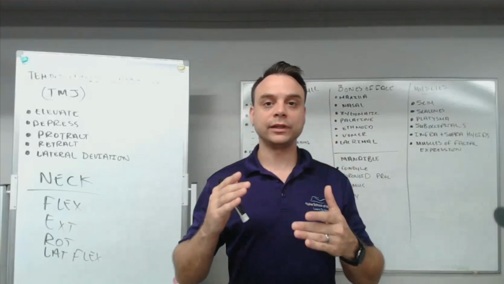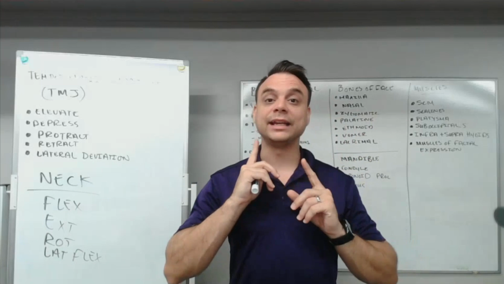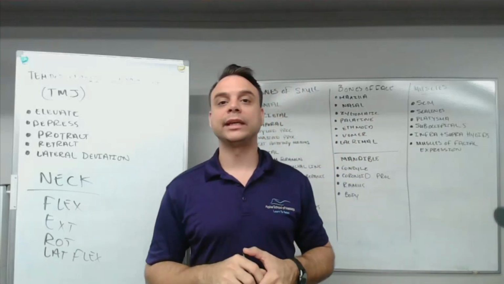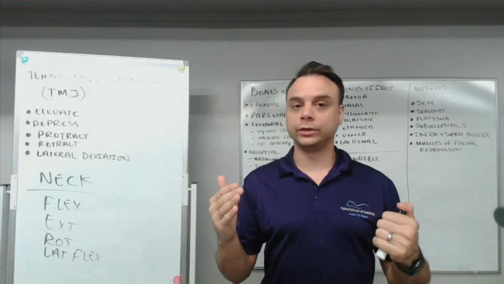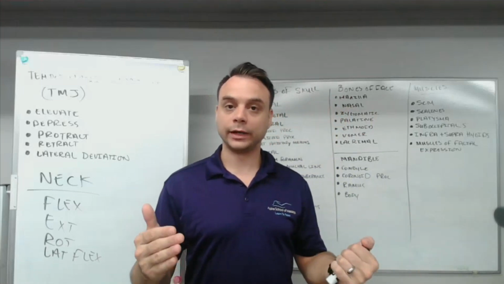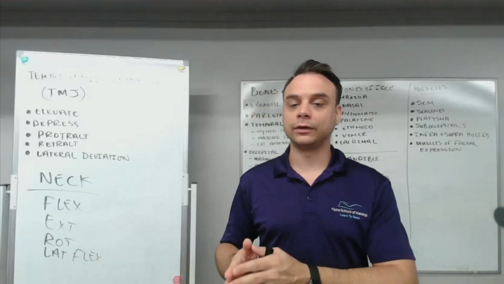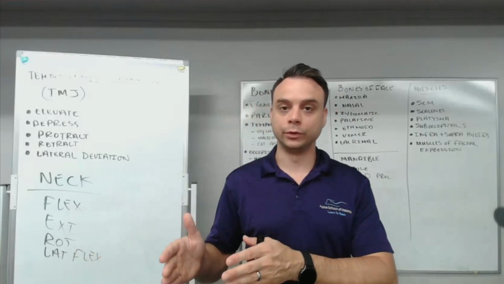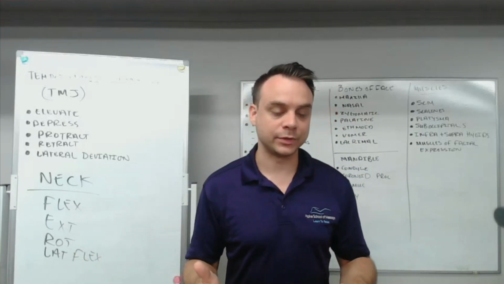Now, I can definitely contract both of them at the same time, but I can independently contract one versus the other. So this is where we get bilateral, bi, two, lateral, side, or unilateral, uni, one, lateral, side. So either one side of the muscle moves and causes actions, or both of them work at the same time.